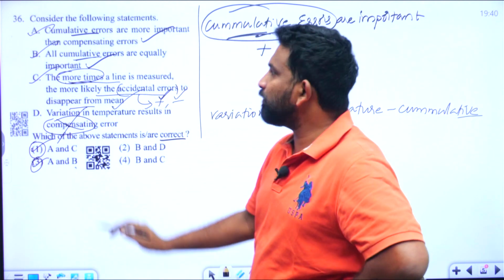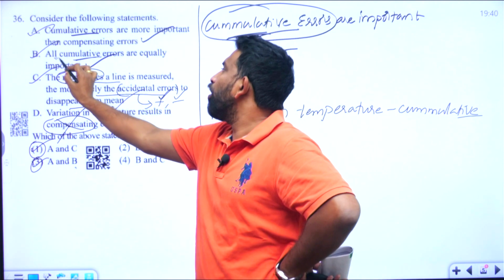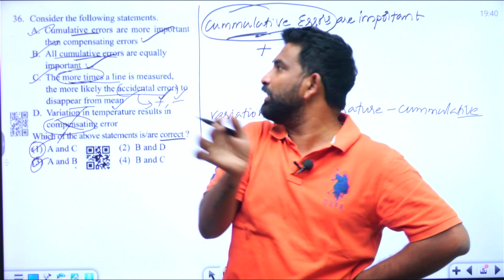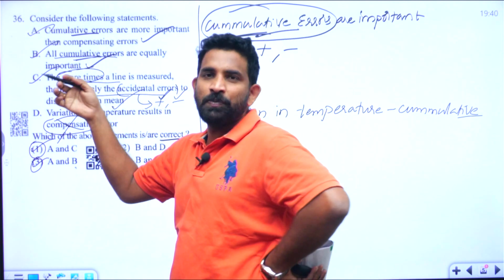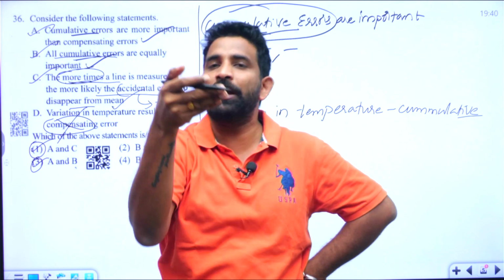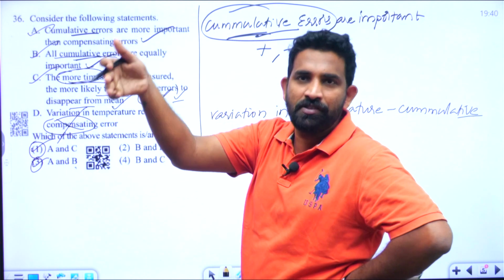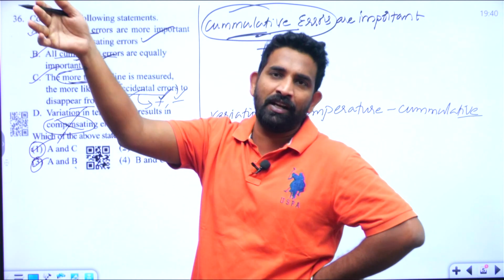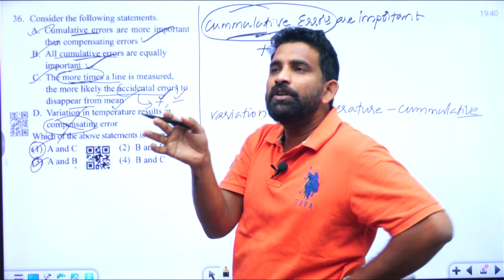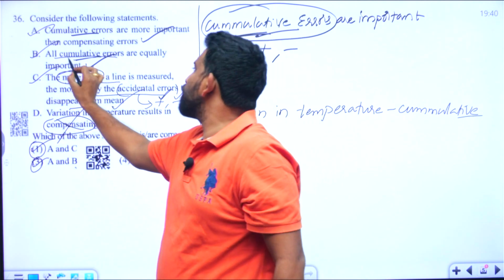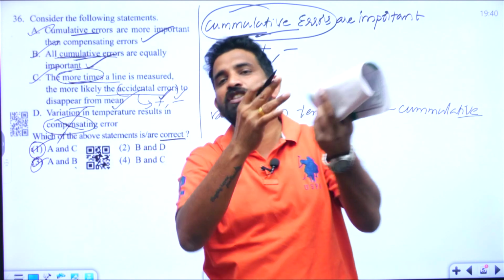If you observe this more clearly, 'all cumulative errors are equally important' might be the not justified statement, because he mentioned cumulative errors without saying what kind of cumulative error is coming into the picture. The cumulative error might be due to a fault in the system, or due to other reasons like bad ranging. So he is not more specific here. He has included all kinds of cumulative errors.